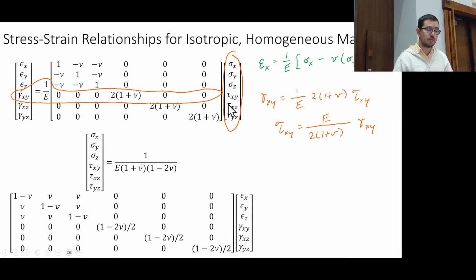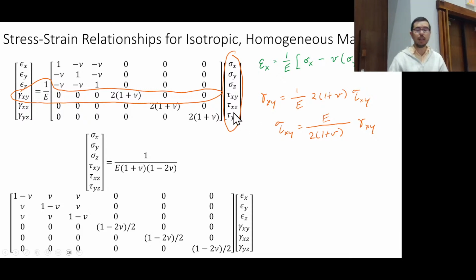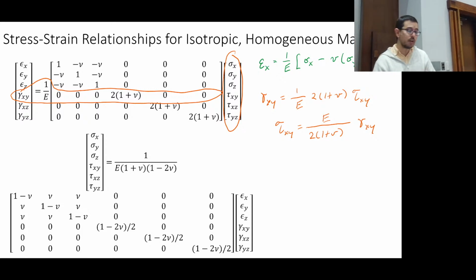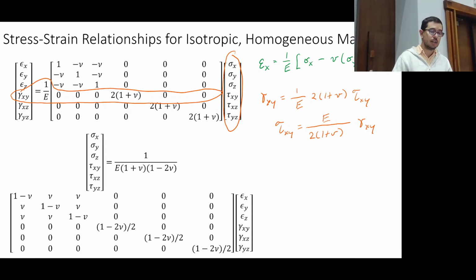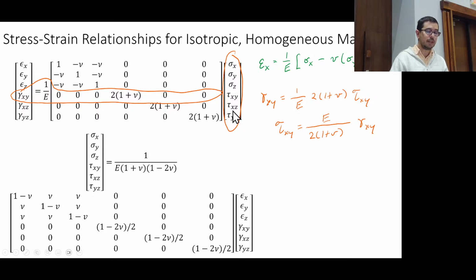What's also interesting is that the shears in the other planes are not going to be affecting what's happening with gamma xy. That's a little bit of a unique behavior.